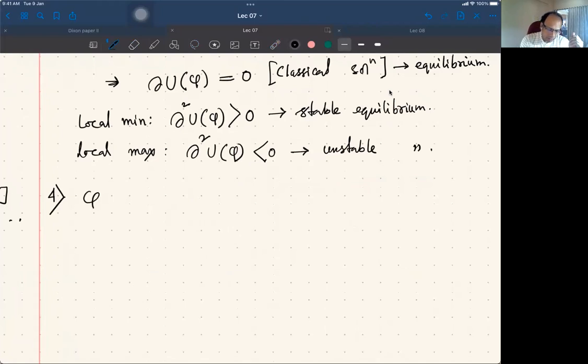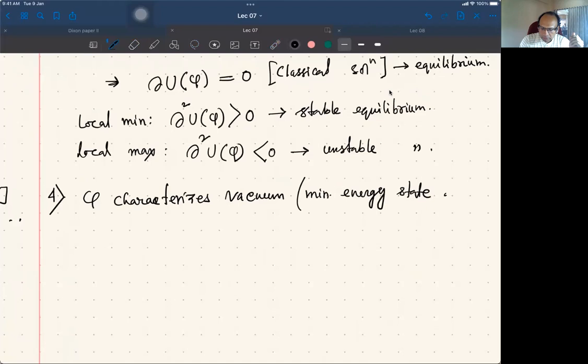So phi characterizes the vacuum, which is the minimum energy state in canonical quantization. The vacuum of the theory.